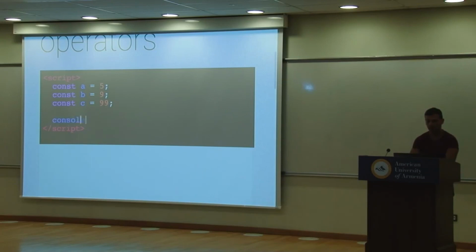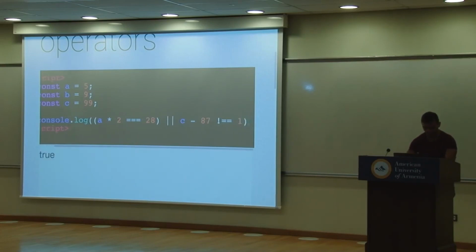Then we console.log A times 2 is equal to 28, or, wait for it, let me put all this stuff in parentheses, or C minus 87 is not equal to 1.